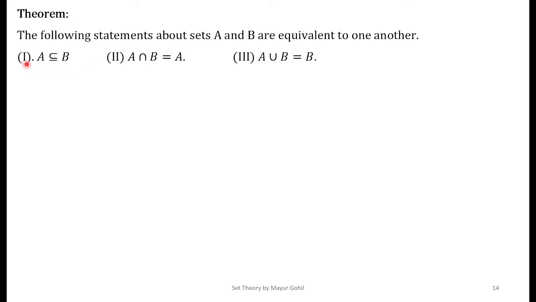Okay, so I mean to say over here, 1 implies 2, 2 implies 3, and the reverse is also possible: 3 implies 2, 2 implies 1. If you want to say 3 implies 1 directly, that is also possible. So you can take up any statement and prove any one that you like.